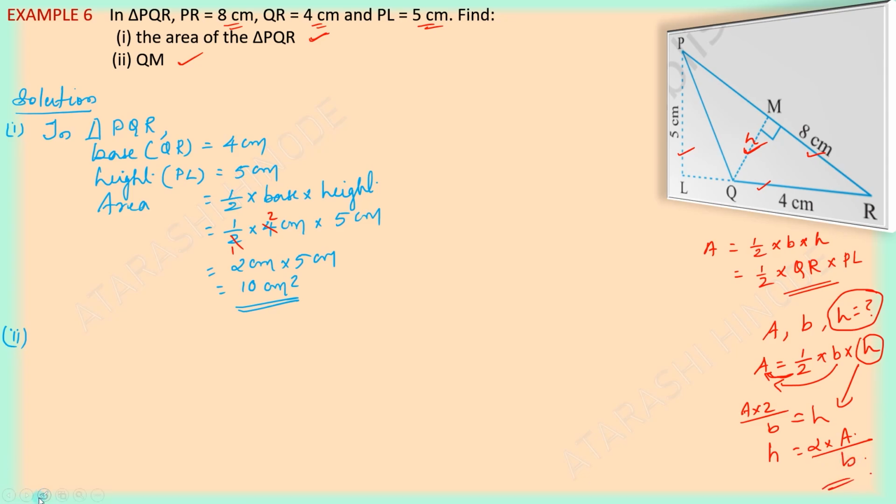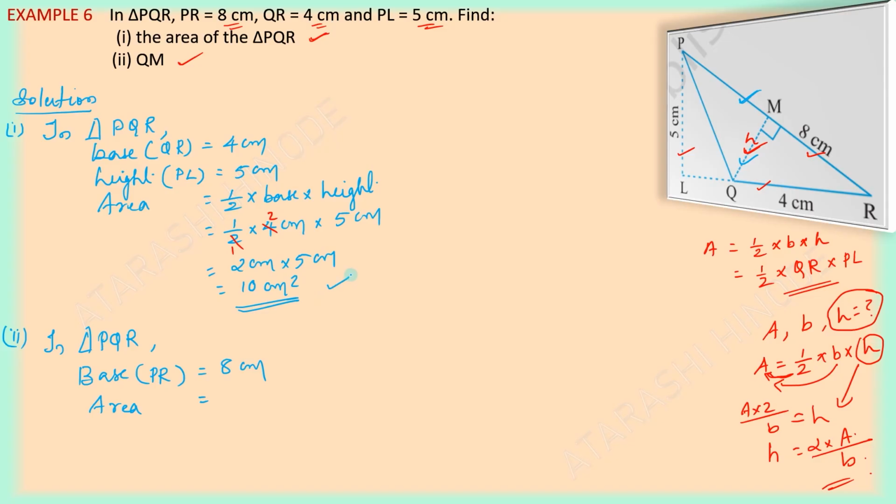So let us write in triangle PQR, base is equal to, here which base we have to consider? Here we need to find the height QM. So QM is the height to the base PR. So here we have to consider the base PR. Base PR equal to, it is given here, 8 centimeters. Now area of this triangle, what is area?